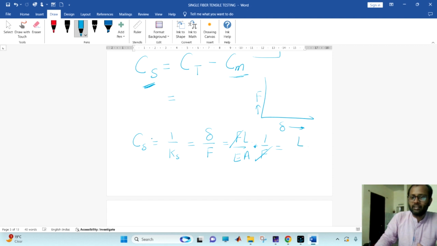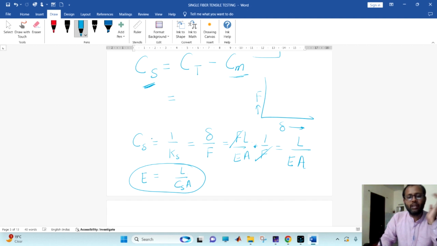That is gauge length divided by the modulus we are interested in, times A, the cross-sectional area, that is pi by 4 d squared. From here we can find E is equal to L by C_s A. Like that we can find out the modulus of the specimen.